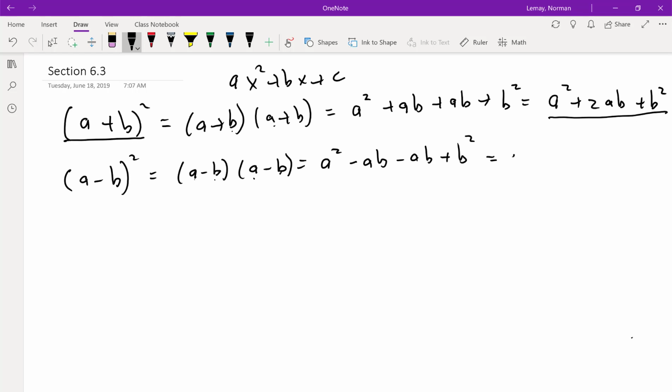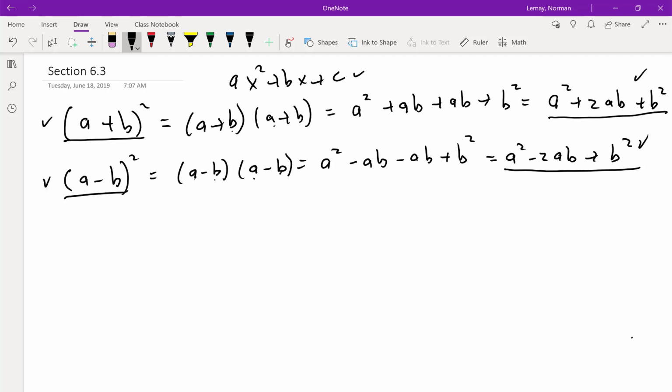At the end of the day, we end up with a squared minus 2ab plus b squared. Again, we're going to be given this and we want to rewrite it in this way. That's the goal: given one of these trinomials, either this one or this one, we are going to rewrite it as either this way or this way.